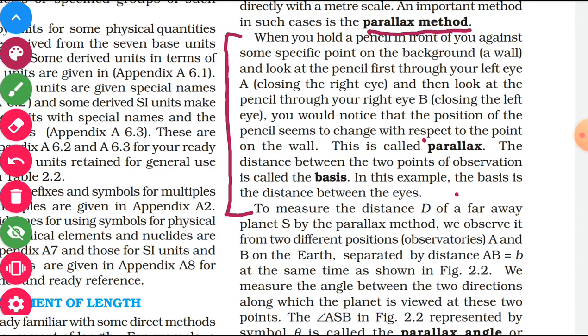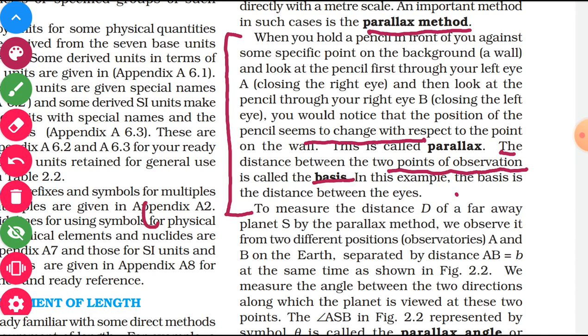Then you would notice that the position of the pencil seems to have changed with respect to the point on the wall. This is called the parallax.